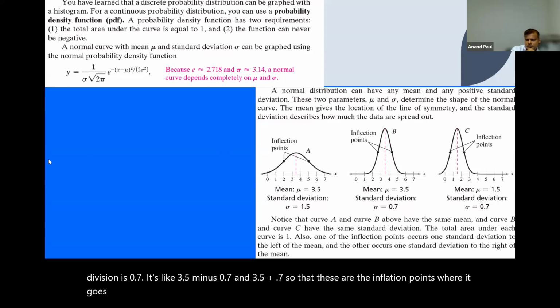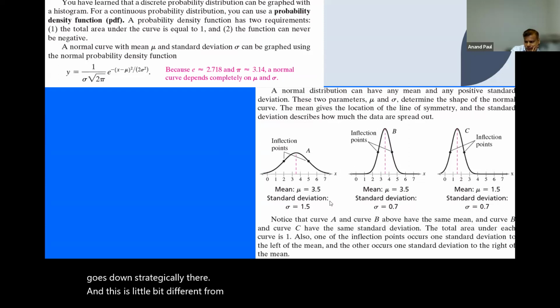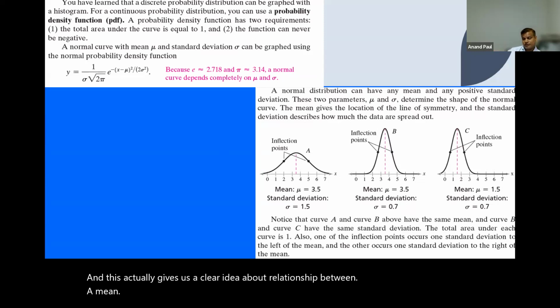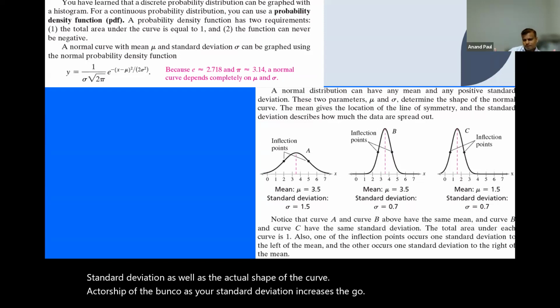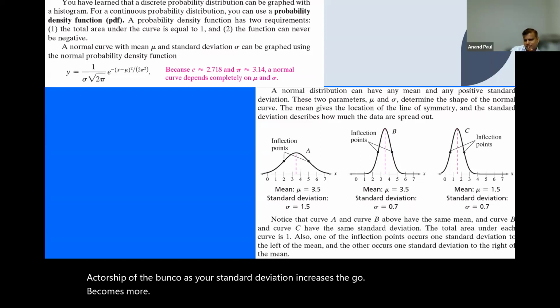This is a little bit different from the other curve, and this gives us a clear idea about the relationship between the mean, the standard deviation, as well as the actual shape of the bell curve. As your standard deviation increases, the curve becomes flatter.